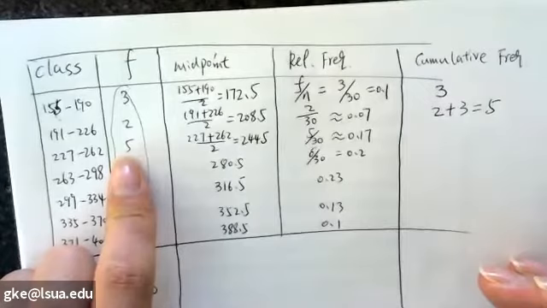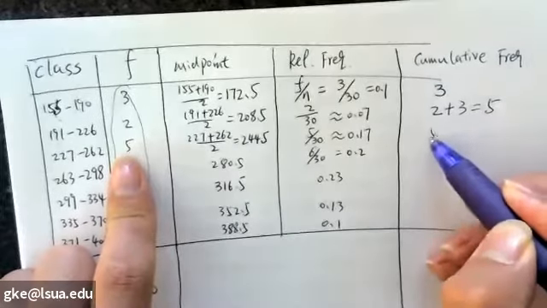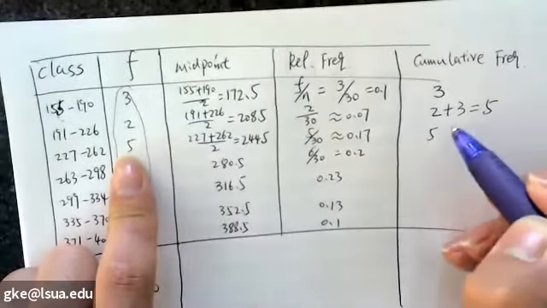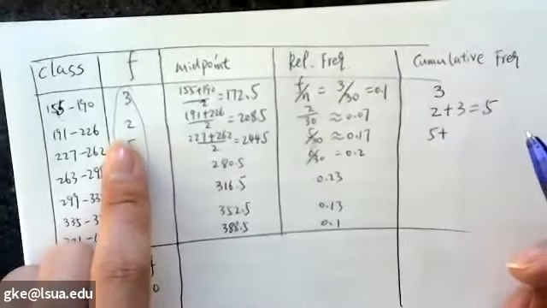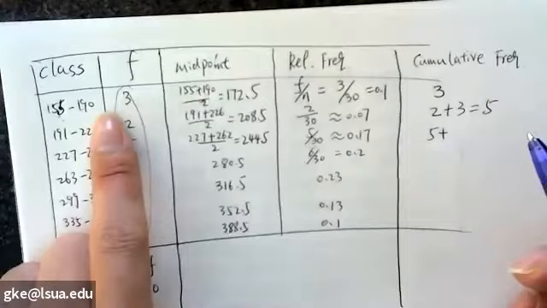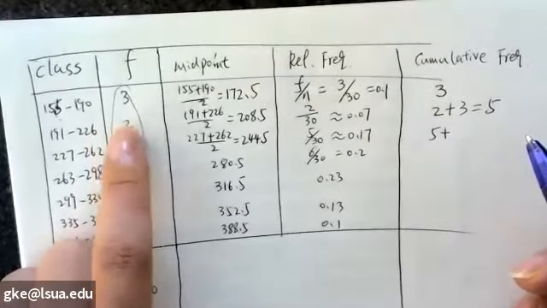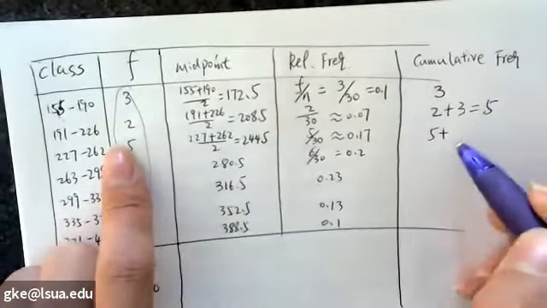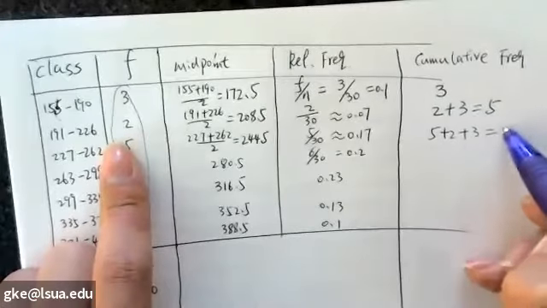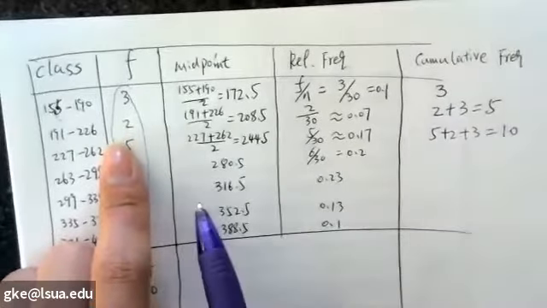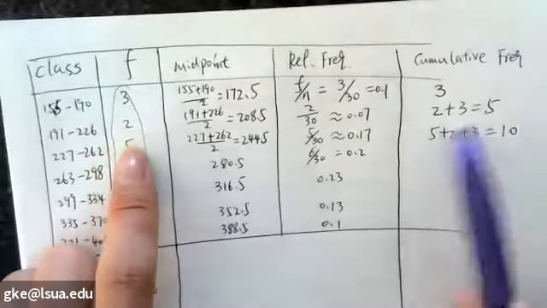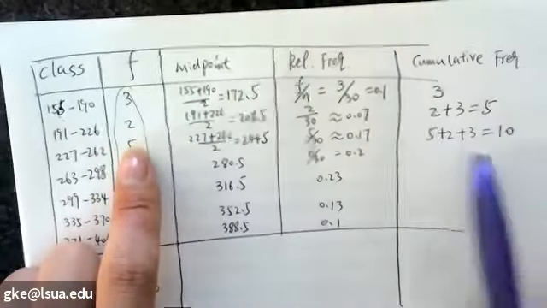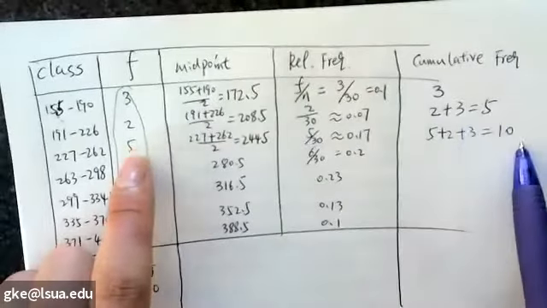Now let's take a look at the third class. The frequency for the third class is 5, and we add the frequency of all previous classes. So it's 2 plus 3, 5. Right? That gives 10. Or you can let 5 plus 5 equal 10.